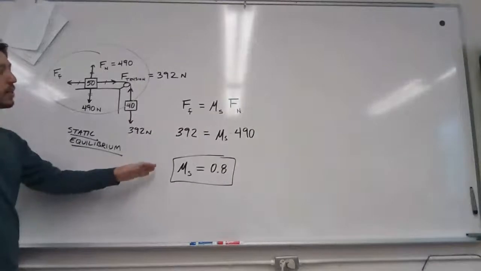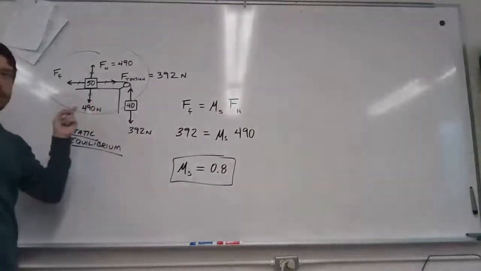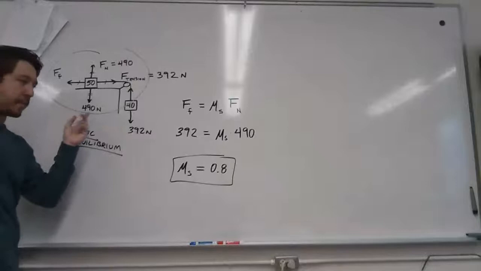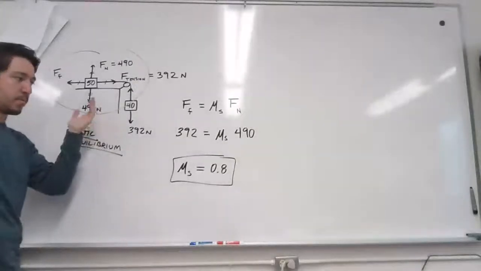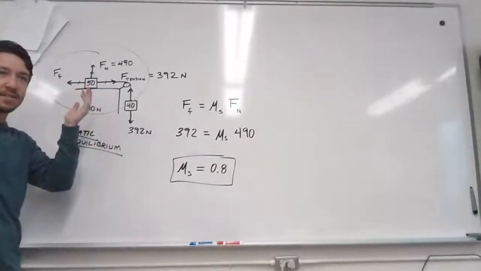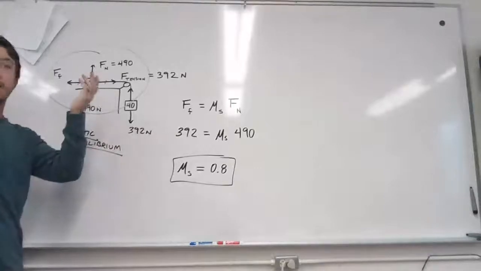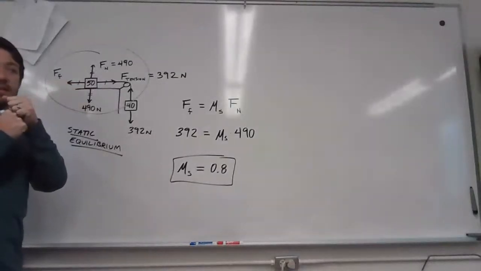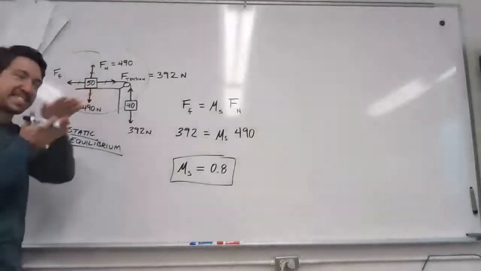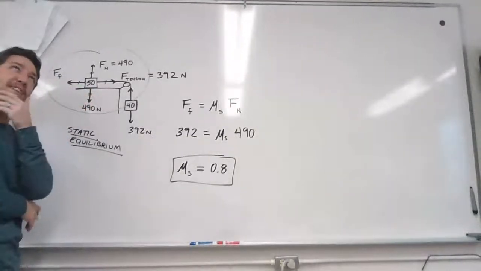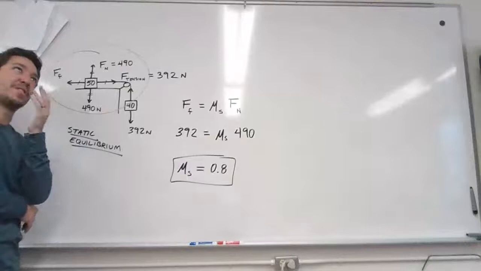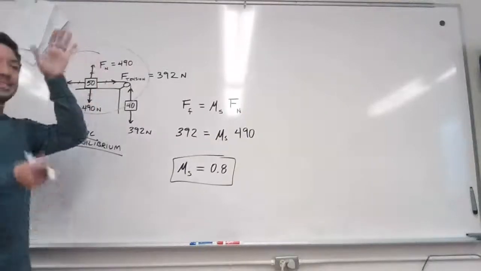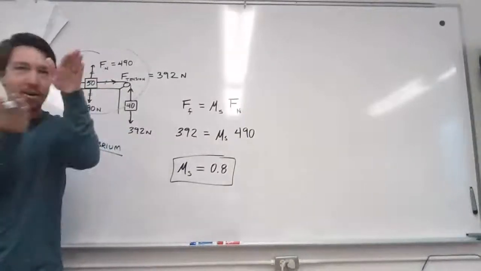Do you see how this could still be in static equilibrium if mu was 1.7? If mu was big, say two really grippy surfaces, like a gecko. Geckos, is that actually friction? It's more like adhesion, but I guess friction involves some adhesion. Anyway, say it was two really grippy surfaces, rubber and rubber.